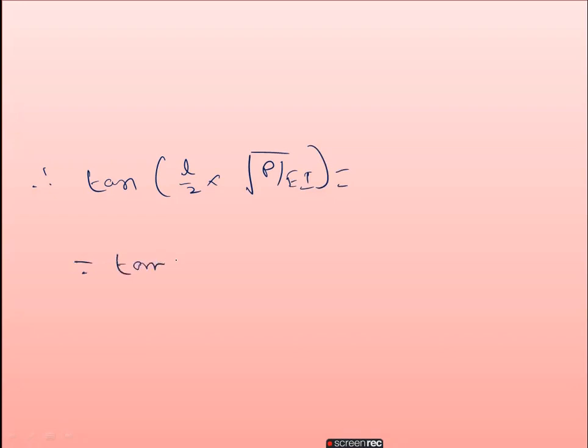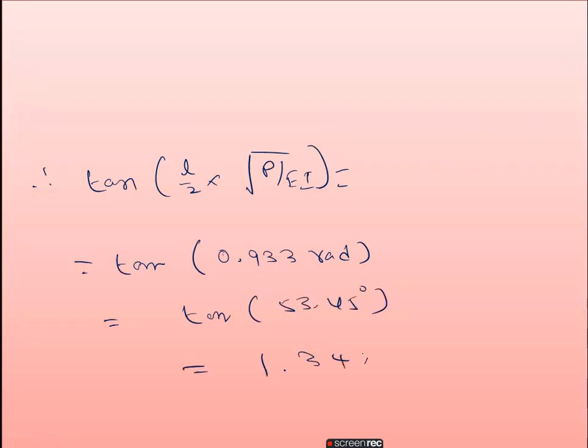Now we will calculate tan of L by 2 into square root of P by EI. In radians we got 0.933 radians; in degrees it is tan of 53.45 degrees. Once you calculate, you will get 1.349.